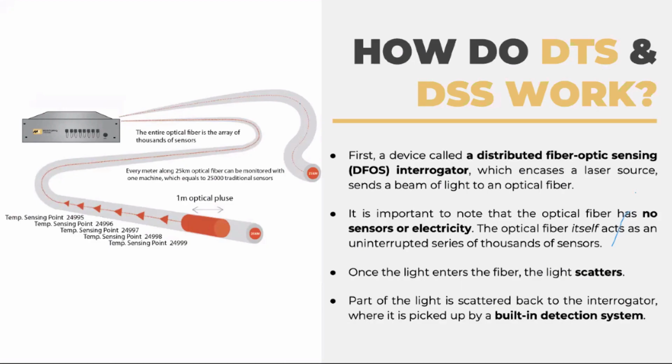So this is just a simple way to understand one of the advantages this technology has compared to traditional sensors, and the coverage that it can bring to any type of infrastructure. Okay, let's move to the next slide.